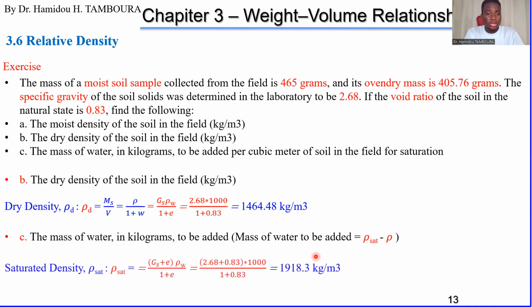So you can estimate the saturated density first, and then you use this formula to estimate the mass of water you need. So the saturated density is given by this formula.